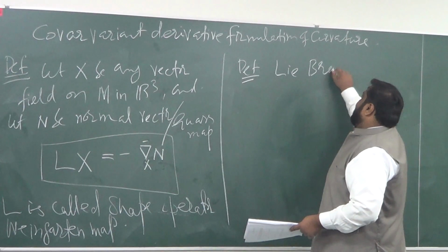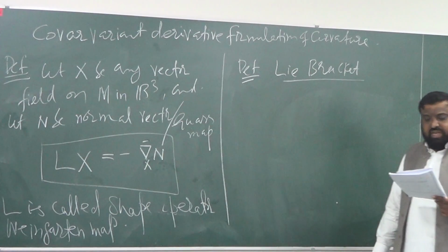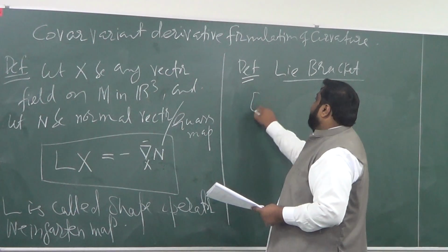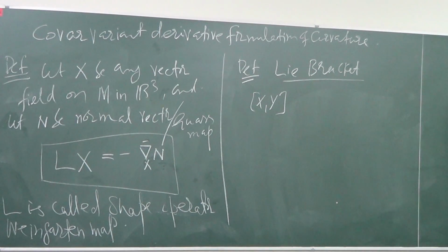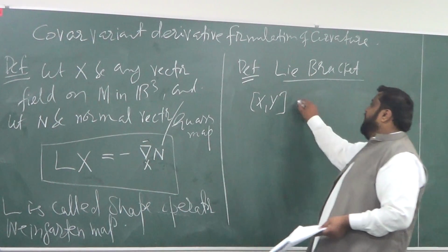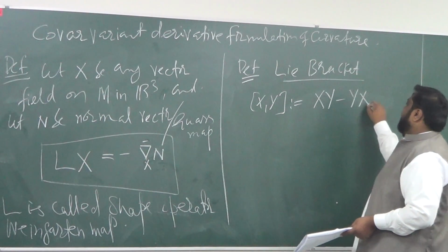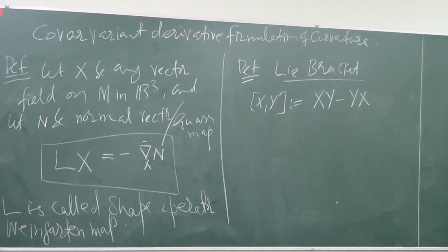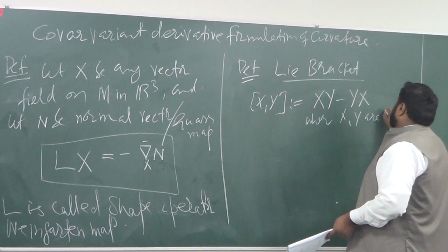By the way, I gave you a problem on the Lie bracket on one of the exams, which simply says that if you have two vector fields X and Y, then the Lie bracket of X and Y is the commutator of X and Y. And what I mean by commutator is defined to be the vector field XY minus YX, the difference of XY and YX, where X, Y are vector fields.